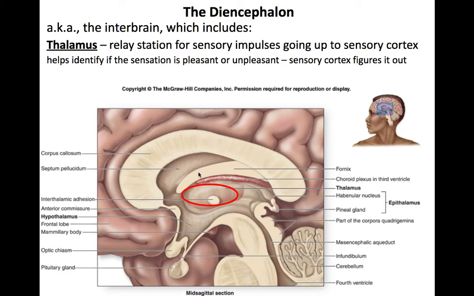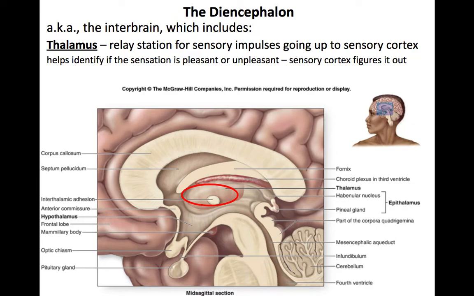It's going to go to the sensory cortex at the parietal lobe, and once the sensory cortex in the parietal lobe receives the signals from the thalamus, it will be able to tell the rest of your brain, was this a pleasant sensation or an unpleasant sensation?